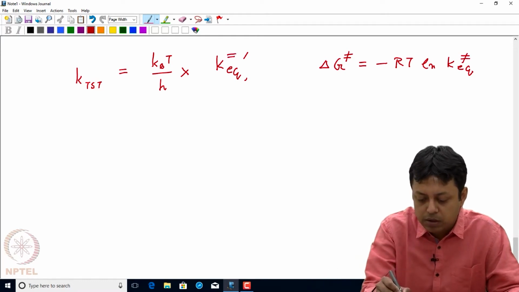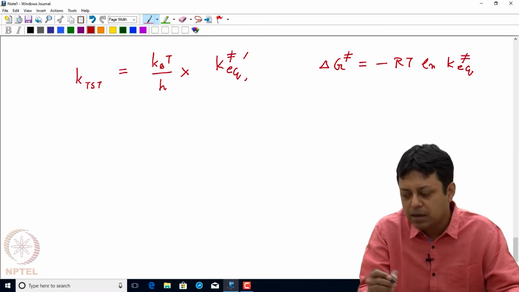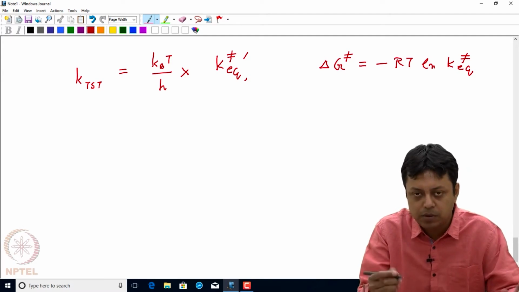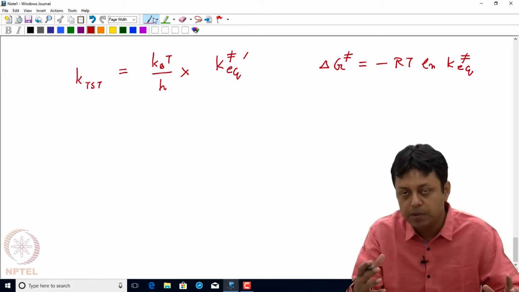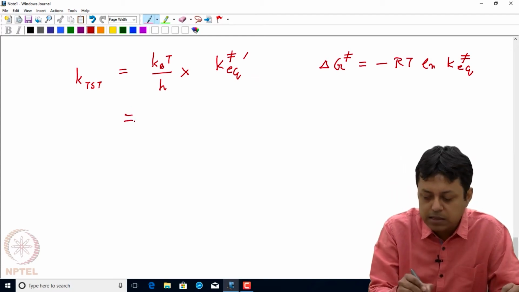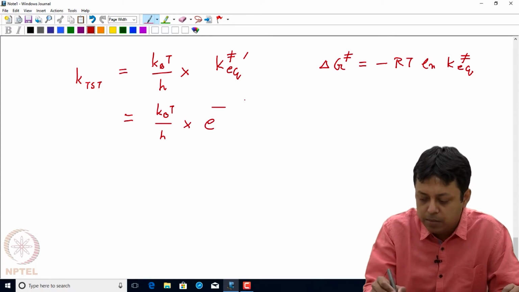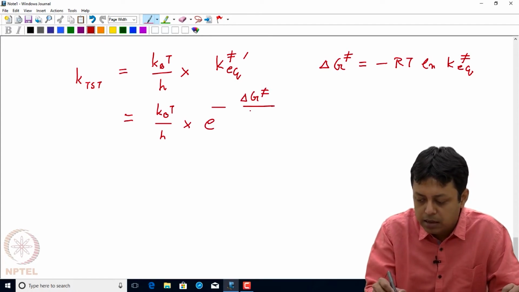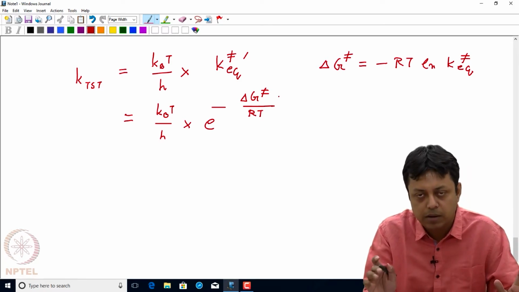So this is K equilibrium dagger with a prime sign, or we can just skip the prime sign, whichever it is. It denotes basically equilibrium between the reactant and the transition states. Now we can easily get the expression as e to the power minus del G dagger by RT, and remembering that del G dagger has 1 degree of freedom less.